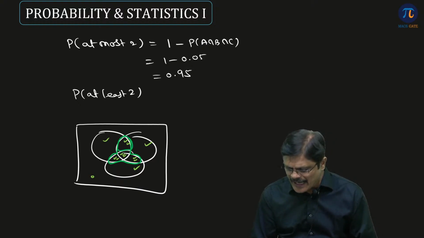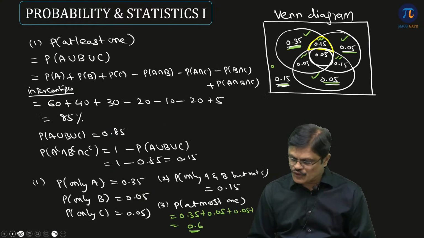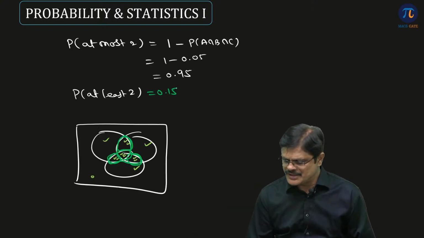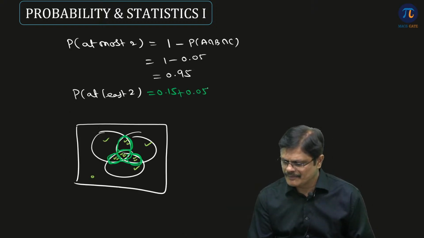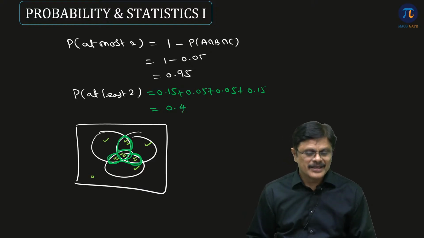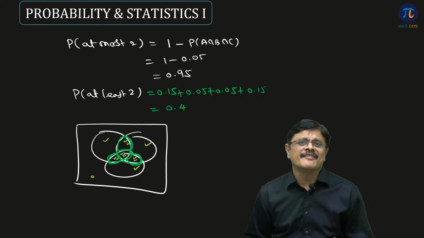You just need to add these 4 cases, that is 0.15, 0.05 plus 0.05, again plus 0.15, which is nothing but 0.4. So any such question can be easily answered, my dear friend, once you understand the Venn diagram.